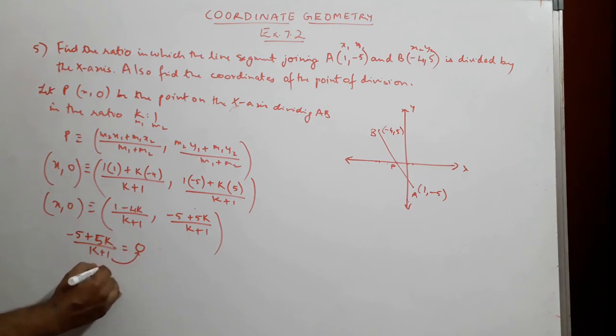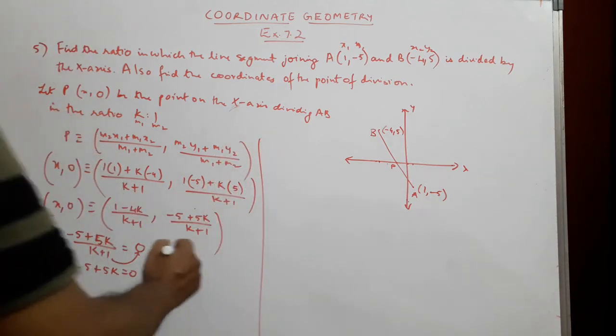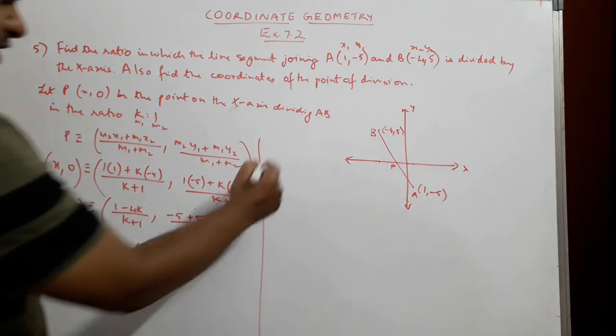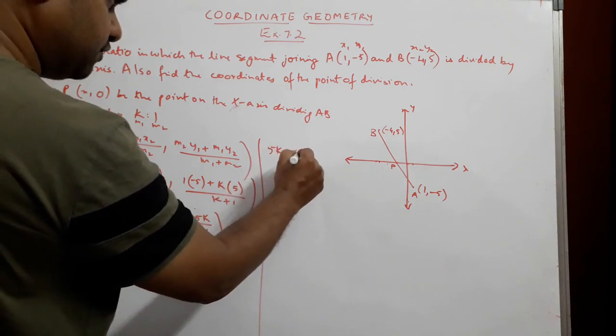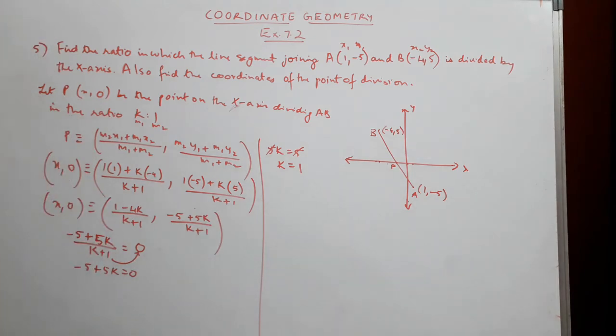So -5 + 5k = 0. Taking -5 to the other side, it becomes positive: 5k = 5. 5 and 5 cancel, so k = 1.